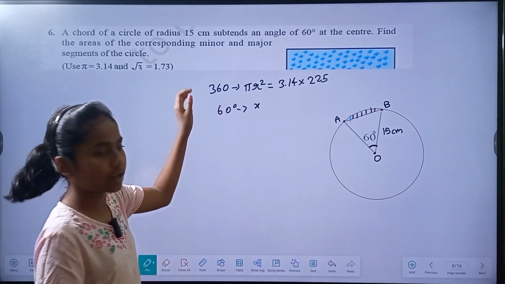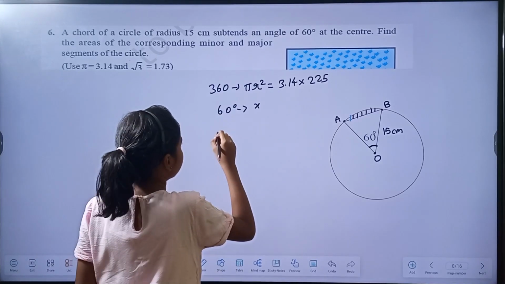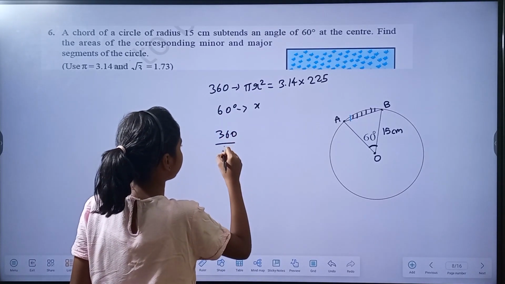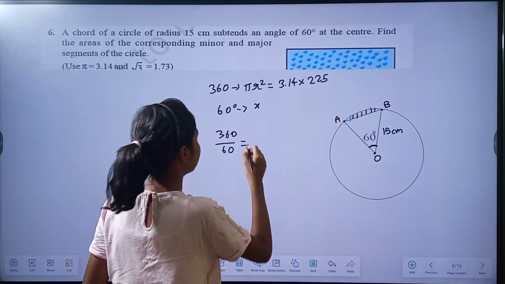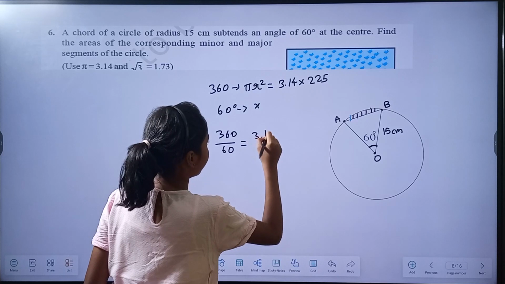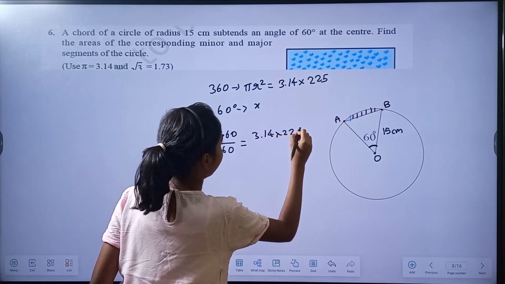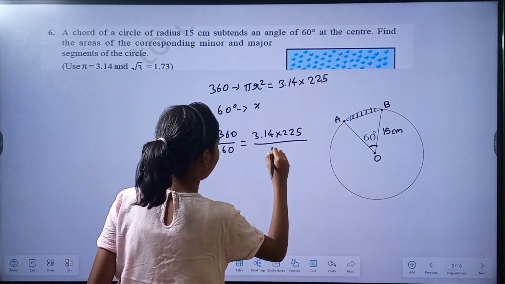As these two are directly proportional, we can write the ratios. 360 by 60 equals 3.14 into 225 whole divided by x.